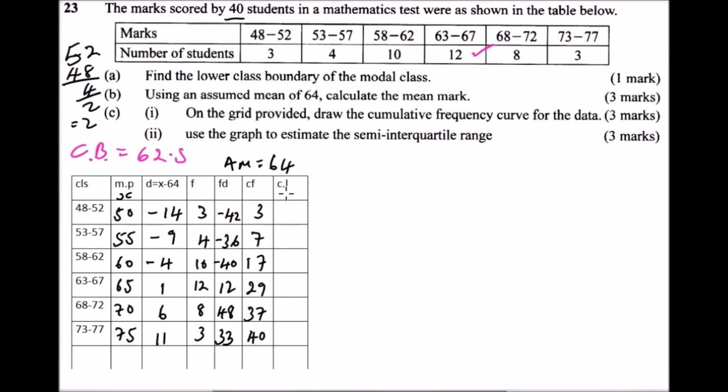So we fill the cumulative frequency column. So we have this one, the upper class boundary is 52.5. This is 57.5. This is 62.5.